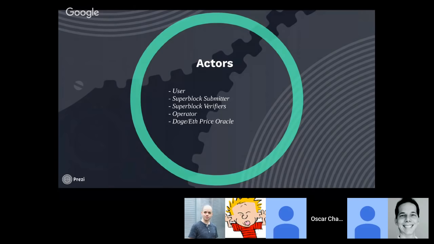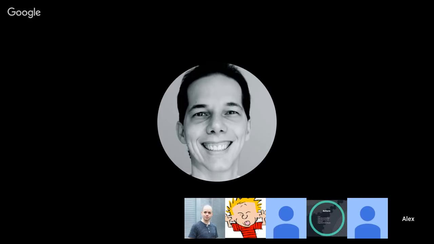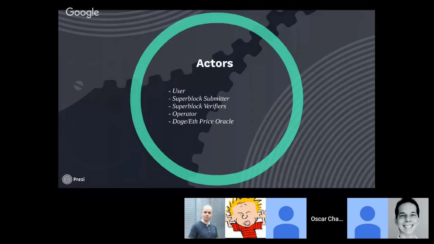Superblock leaders send proposed Superblocks to the contract. Superblock verifiers make sure that no invalid Superblock is accepted by the contract. Operators store the Dogecoins that are locked while they are locked and return them to users when requested. And the price oracle keeps the contract updated on the Dogecoin to Ether price.